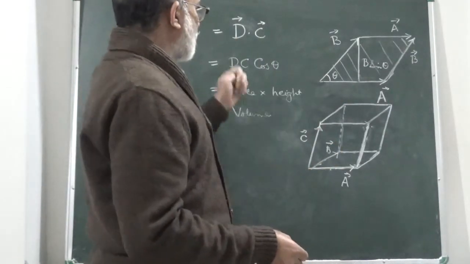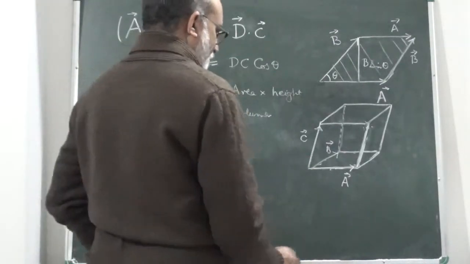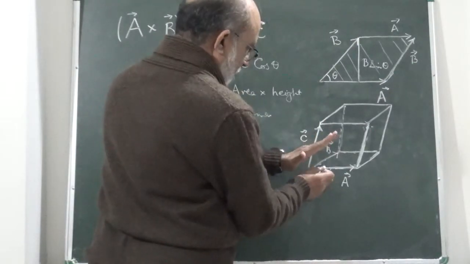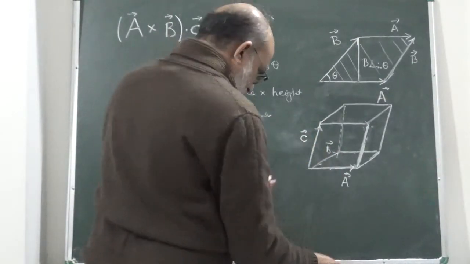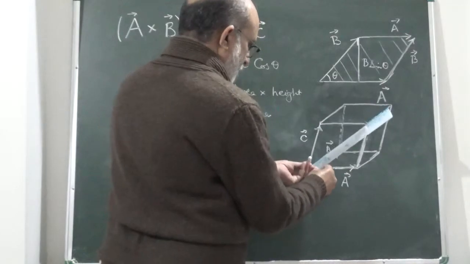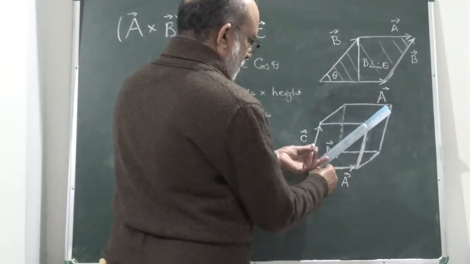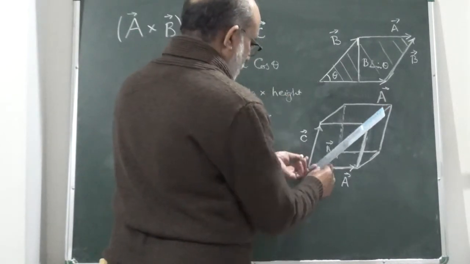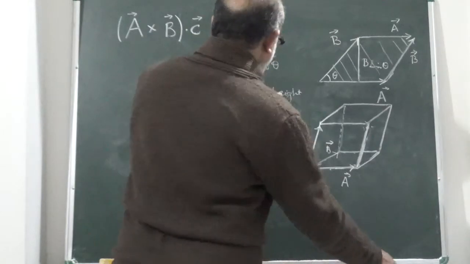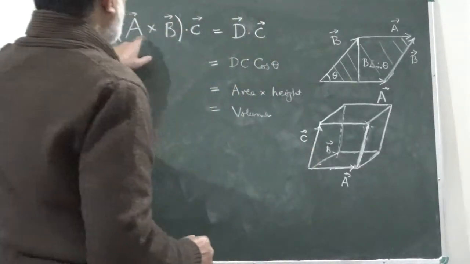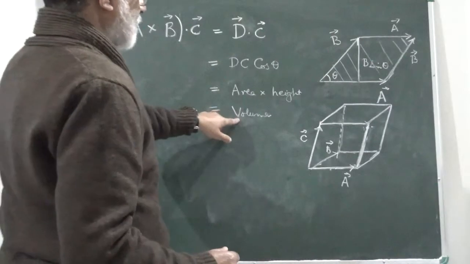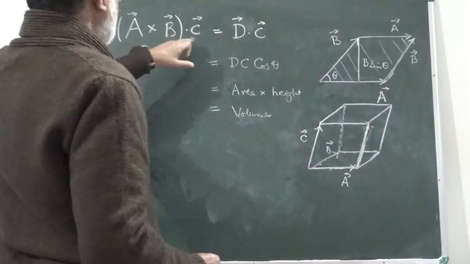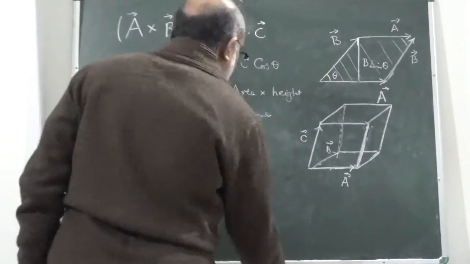Because this gives you the height: C is outside the blackboard and D is here, and the angle between them is theta. So D C cos theta gives the perpendicular, which is the height. And it means that A cross B dot C represents the volume of the parallelepiped made by the vectors A, B and C.